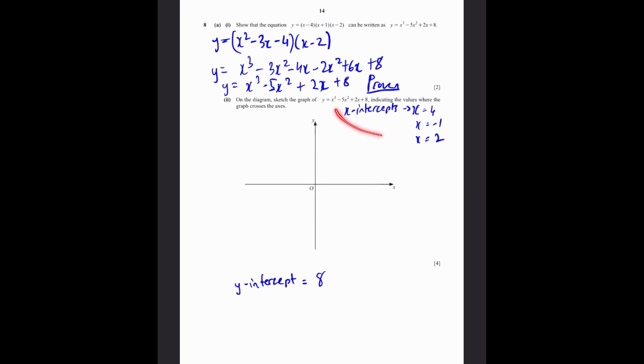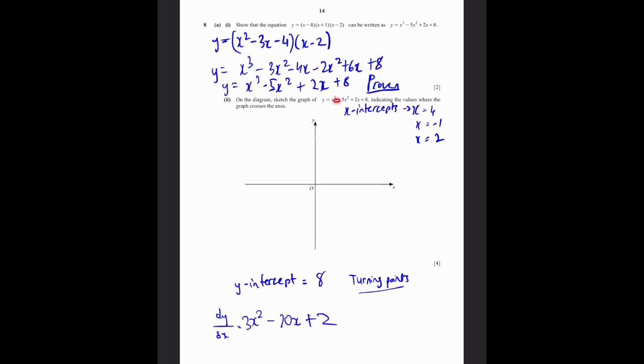Okay, now we found the x and y intercepts. There's one more thing which is missing. Yes, the turning points. How to find the turning points? First, let's take the derivative of this function. The derivative is dy by dx equals 3x squared minus 10x plus 2.